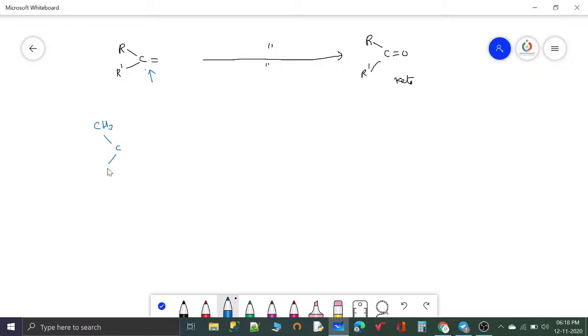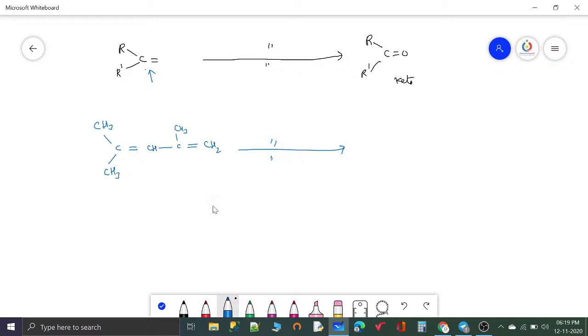CH3, C, CH3, double bond, CH, CH, CH3, now double bond CH2. You can find all types of groups in this particular molecule.